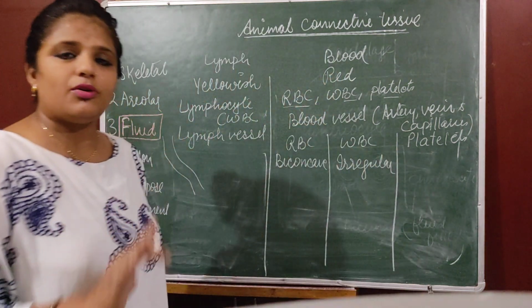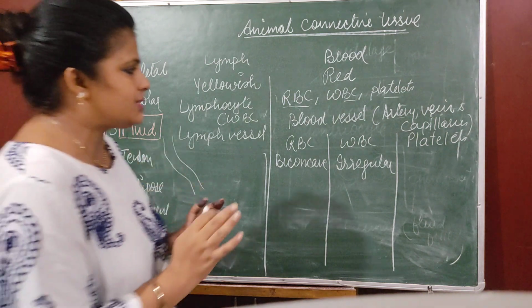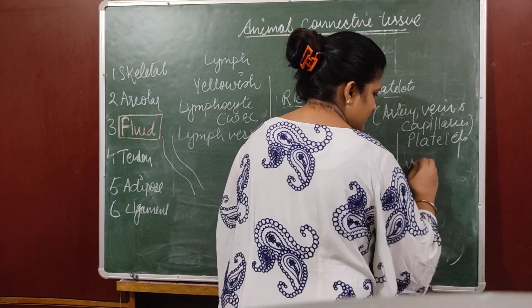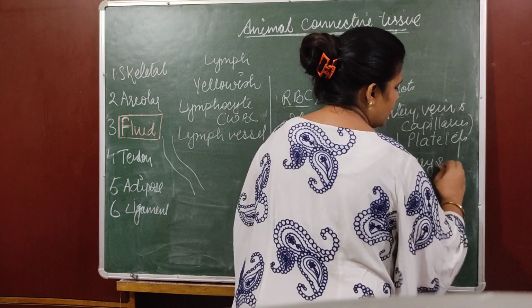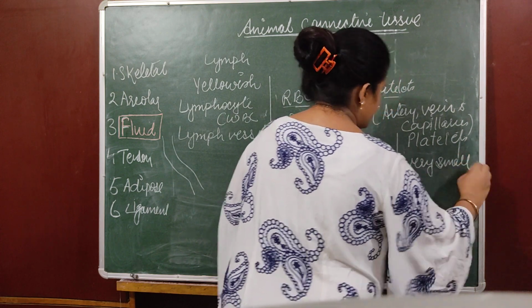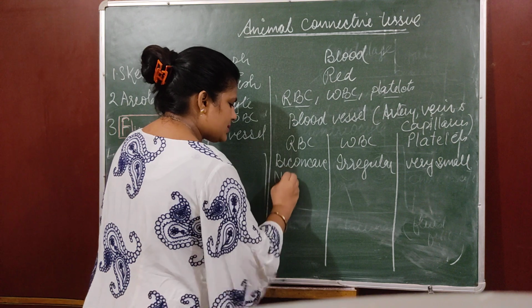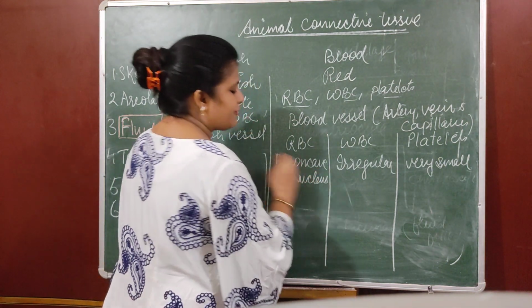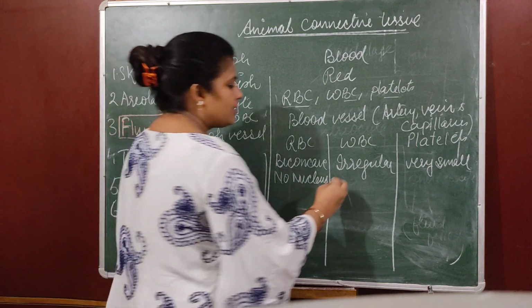You are not supposed to learn all the differences, just understand the rough difference. And this is also smaller, very small in size, and they are also very irregular in shape. No nucleus, because it increases the surface area to carry oxygen.